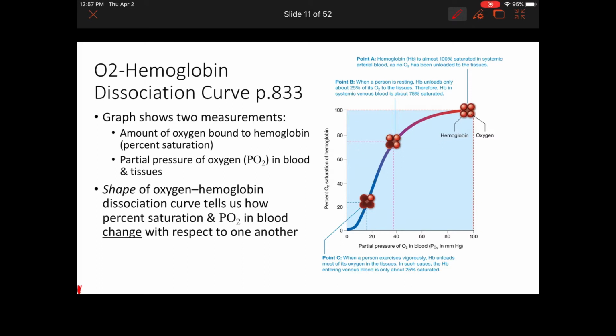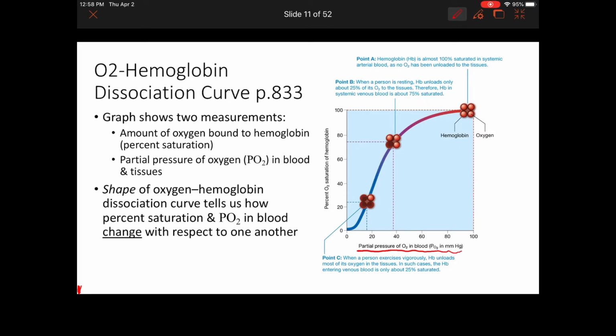On the x-axis of this graph, we have the partial pressure of oxygen. If you recall, partial pressures are a function of the total pressure, and we described that as Dalton's law previously. So the partial pressure of oxygen, depending on which part of the circulatory system it's located in, has different partial pressures.